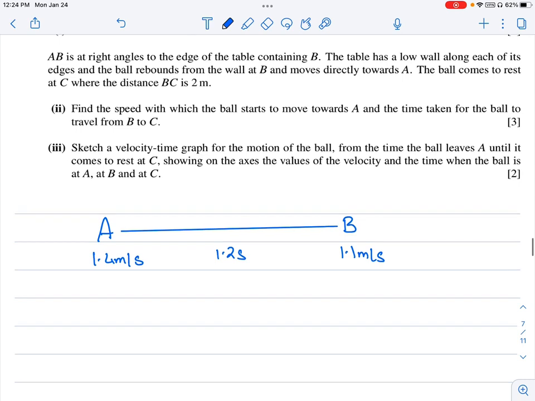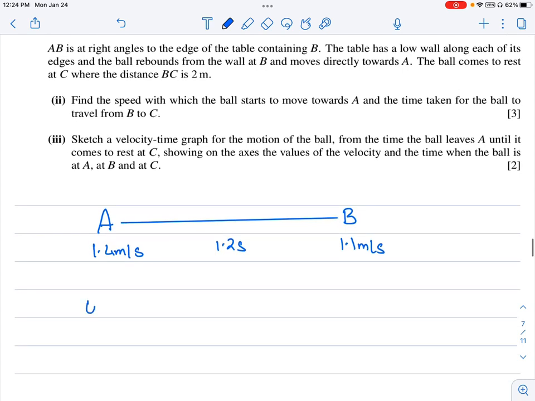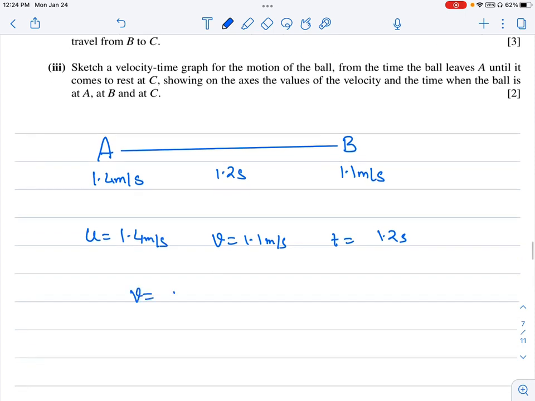So, initial velocity is 1.4, final velocity is 1.1, time is equal to 1.2 seconds. So we can write the units. We can use v is equal to u plus at. So v is 1.1, u is 1.4, a we don't know, t is 1.2.